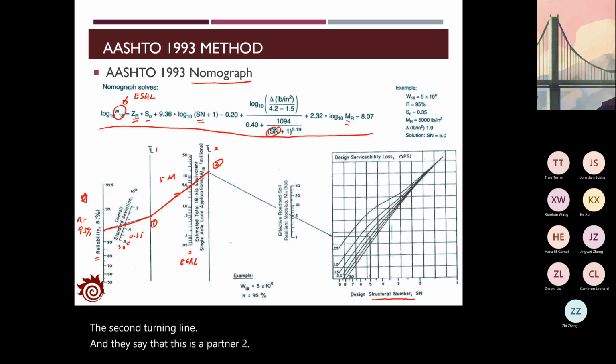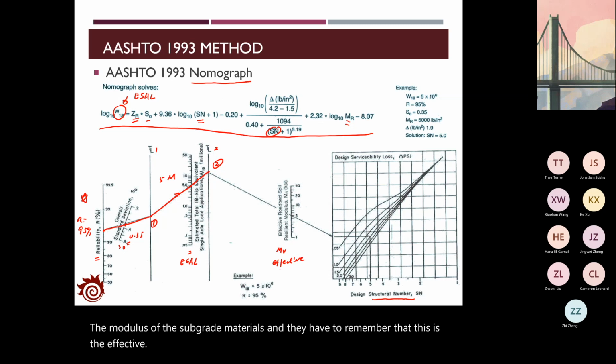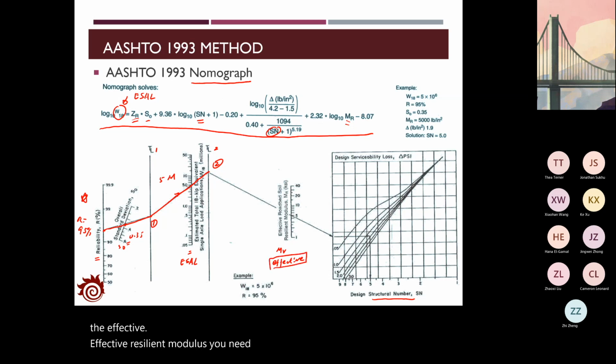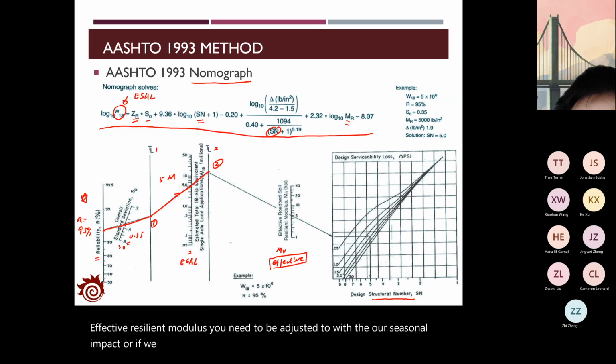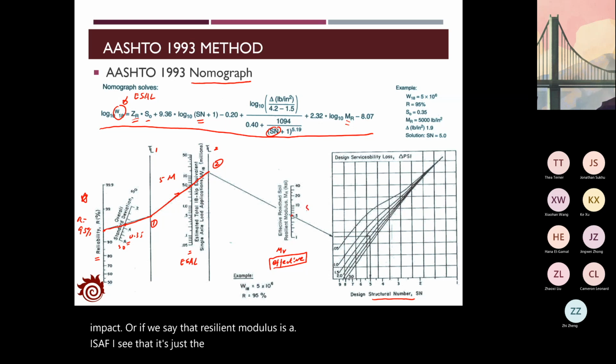And in the next step, it will be the resilient modulus of the subgrade materials, and you have to remember that this is the effective resilient modulus. It needs to be adjusted with the seasonal impact. Say that the resilient modulus is, just as an example, 5,000 PSI.